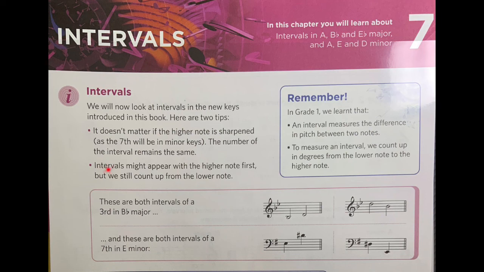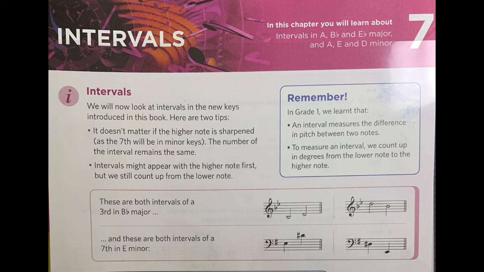And the other tip is, intervals might appear with a higher note first, like here, but we still count from the lower note. 1, 2, 3. This is still a third, even though the higher note is first.